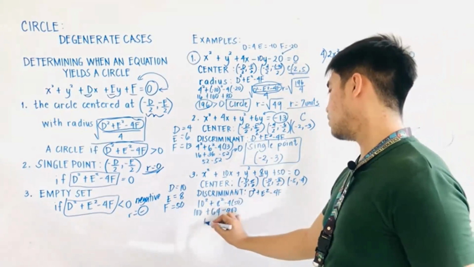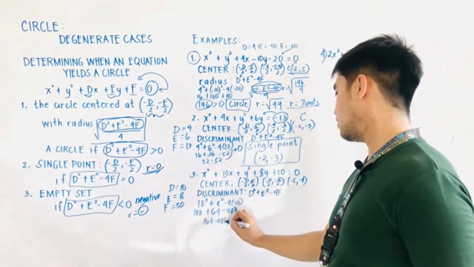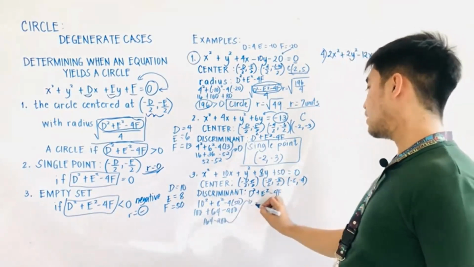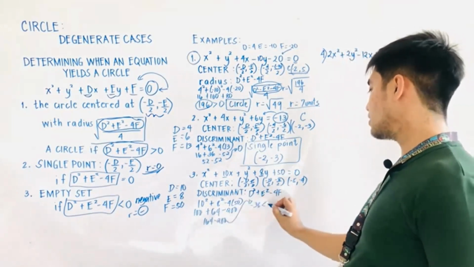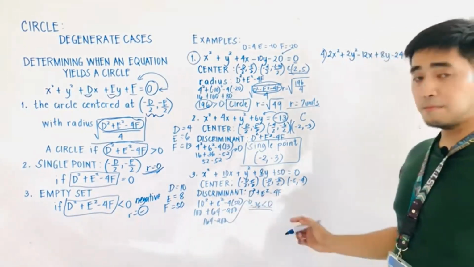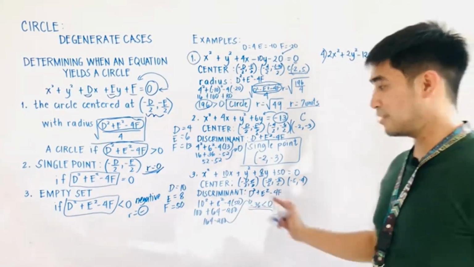So we'll now be having 164 minus 200, and 164 minus 200 will give us an answer of negative 36. And negative 36 is less than 0. So if the value of the discriminant is less than 0, what can we say?